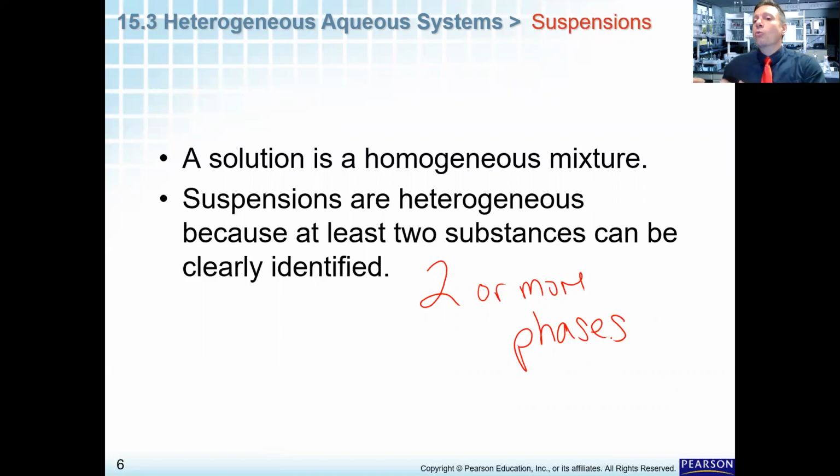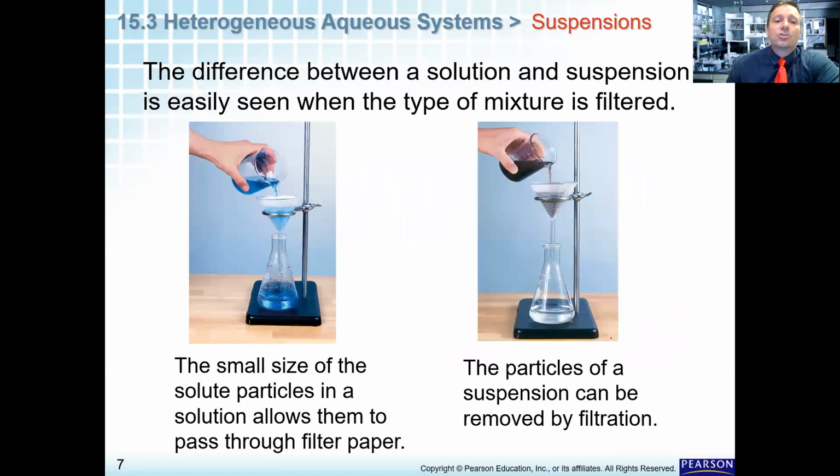Heterogeneous is 2 or more distinct phases. That means when you look at it, you can see contrasting areas in it, particles floating, areas of, for example, layers, like oil and water, or sometimes layers can form in the middle. So those are called phases. So that's an identification of a heterogeneous mixture.